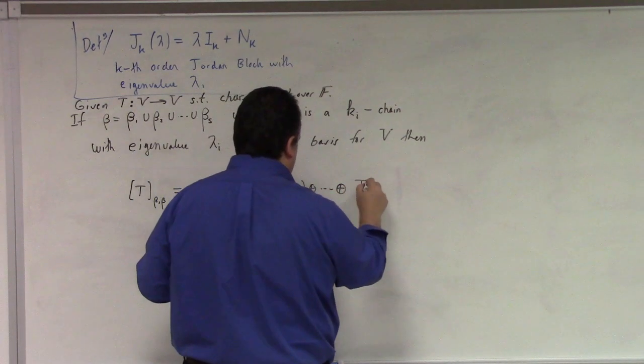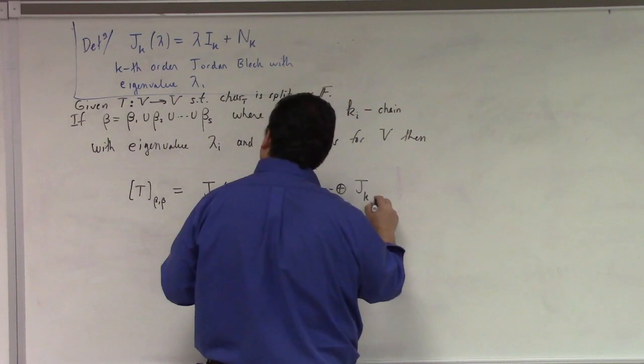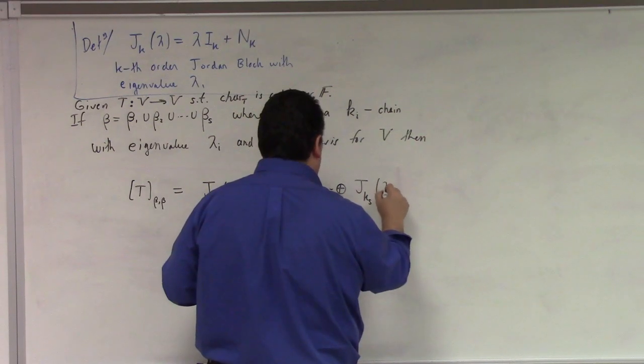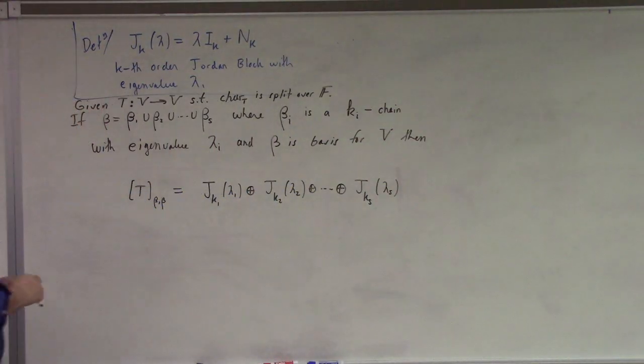Here I'm talking about the direct sum of matrices, a way of making new matrices from old. I'm describing how we can build the matrix of T with respect to this Jordan basis as the direct sum decomposition of the Jordan blocks. This is the Jordan form of the matrix, and the theory says that this Jordan form is unique up to reordering of the blocks.